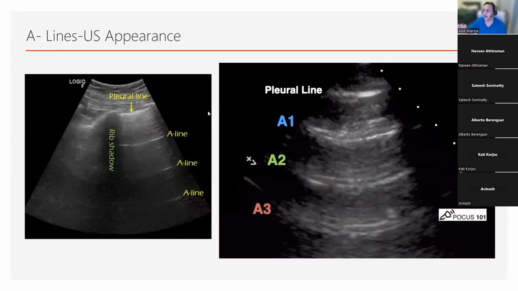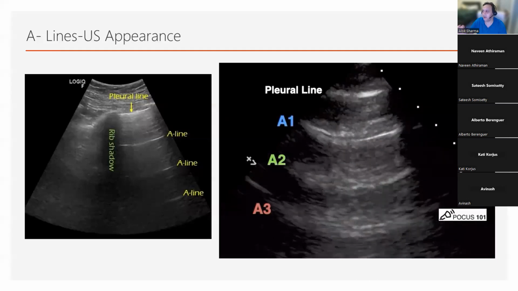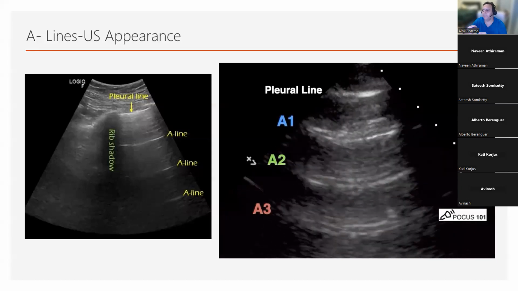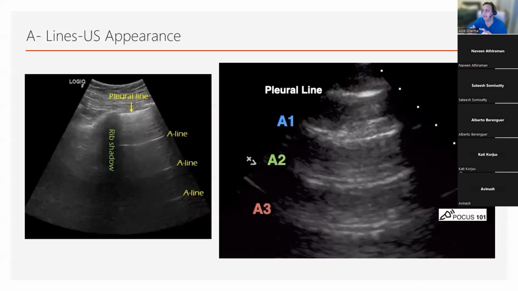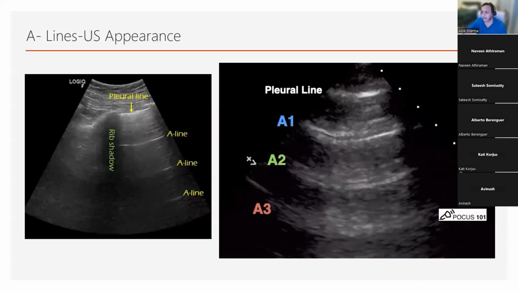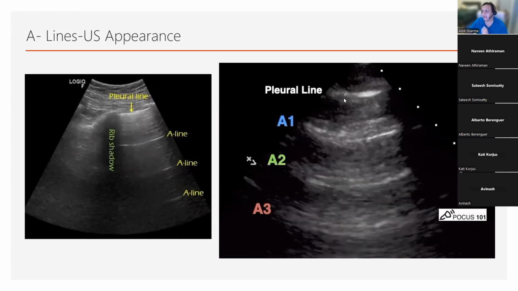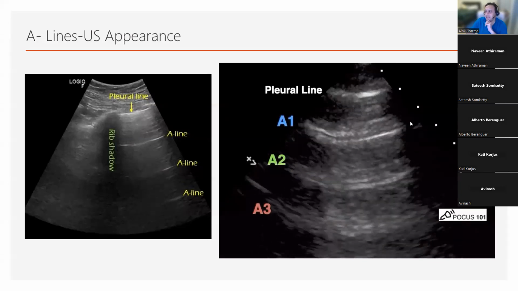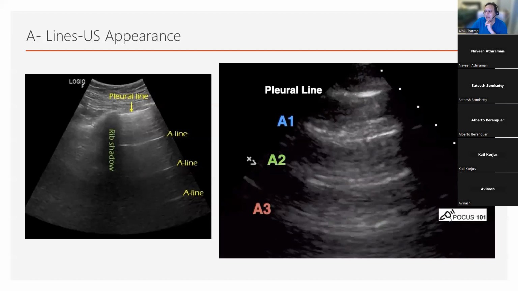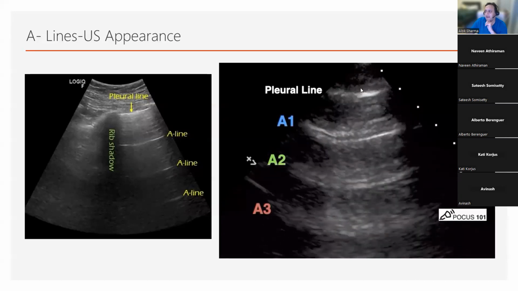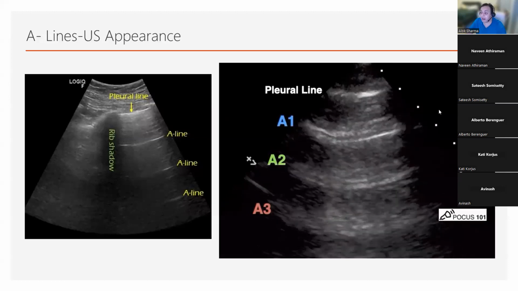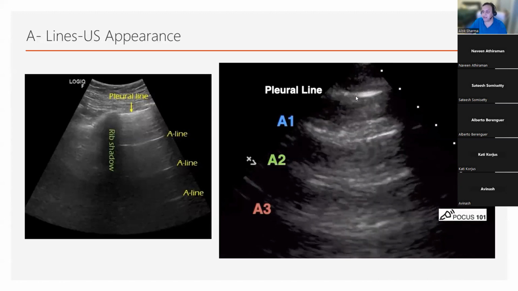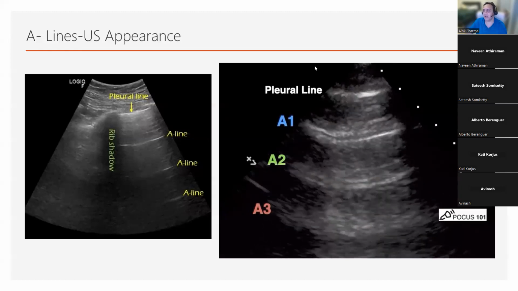So can you see how I'm using standardized terminology to say that in a normal lung I would be able to see pleura visibly sliding. It would be normal in its architecture, in its thickness. I would be able to see equidistant A lines, and really I would be able to identify the batwing sign, and this would be the appearance present in all lung areas for me to say that both lungs are well aerated.